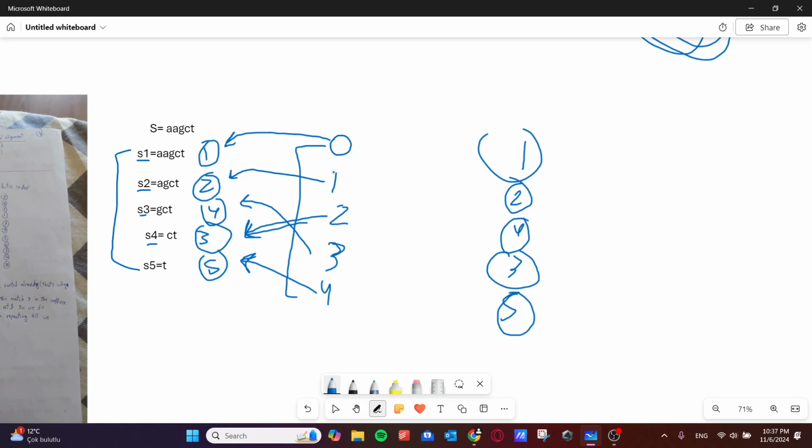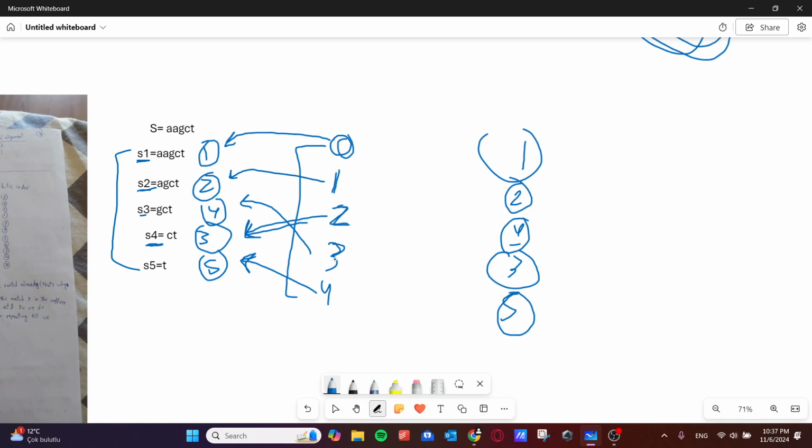So the number represents which suffix. I put 4 here, in the third place.